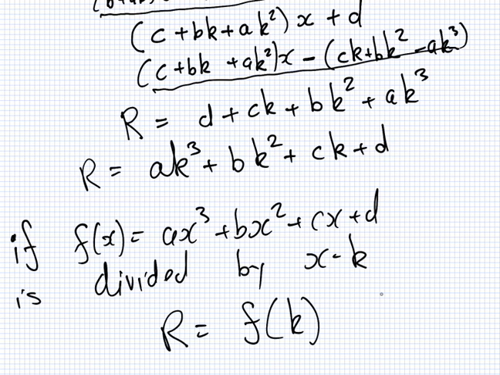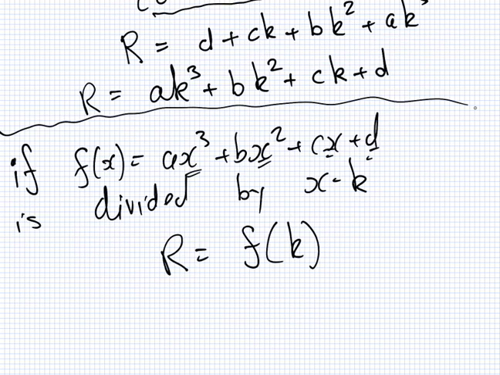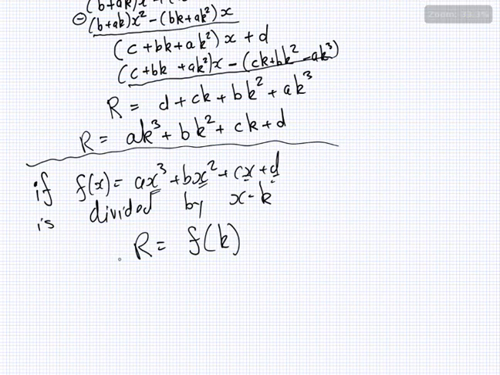In other words, if you want the remainder, all you need to do is replace the x with k, and you get the remainder. I'm going to show you what that means with an example. This is the name of the lesson. This is called the remainder theorem.